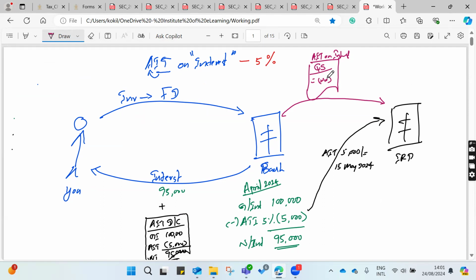Let's say for the April, May, June quarter, they are supposed to submit by 30th July 2024 in our scenario, on or before the 30th day of the subsequent month.